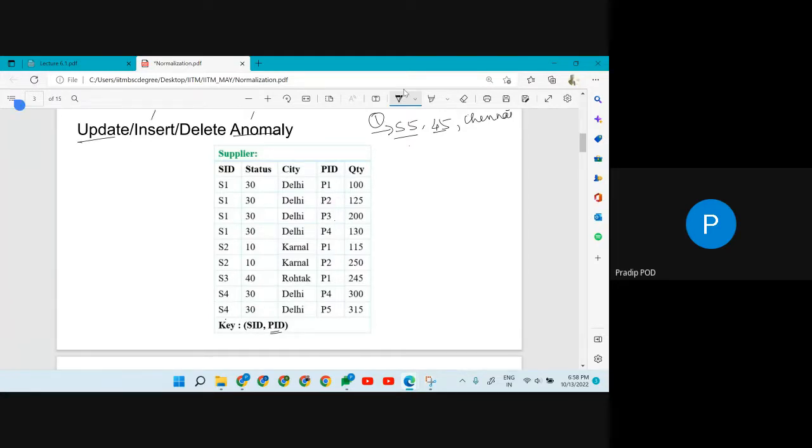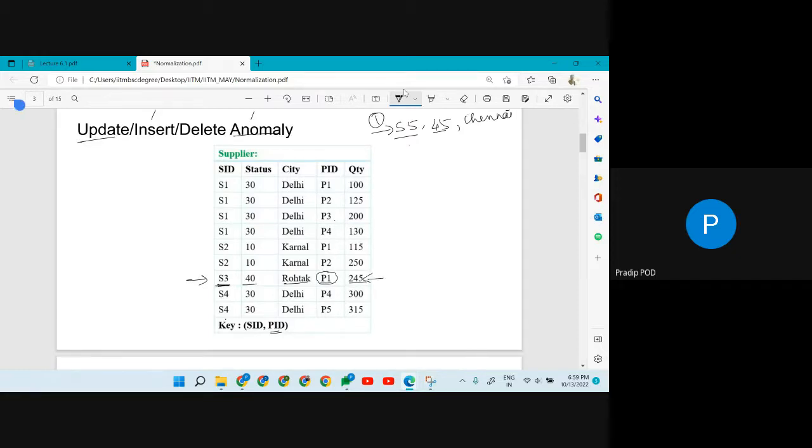And what is deletion anomaly? Here you can see S3, supplier ID S3, with status 40, and Rohtak. This is only one instance of this supplier ID, right? Suppose you want to delete this product ID, right?